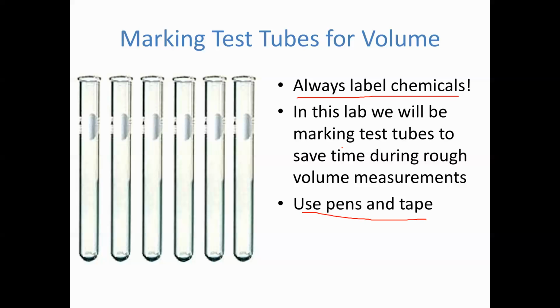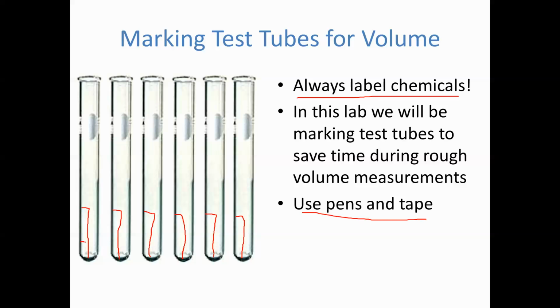Well, in order to avoid doing that repeated 1 milliliter measurement over and over, you want to collect a bunch of test tubes. And these are all about the same size and shape. So what you want to do is take your test tubes and use some tape to mark the lower portion of them. Take your graduated cylinder or whatever measurement device the lab implies, and measure out 1 milliliter of water and add that in.